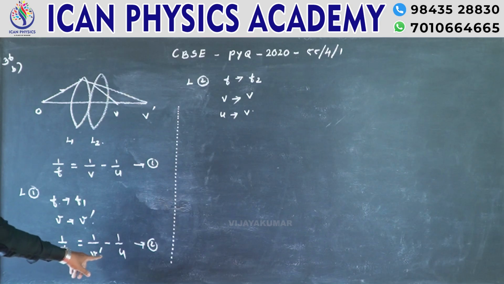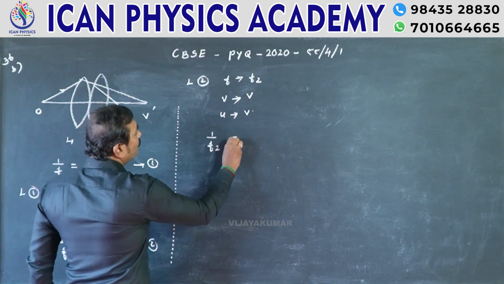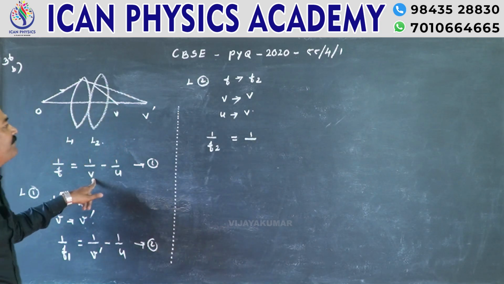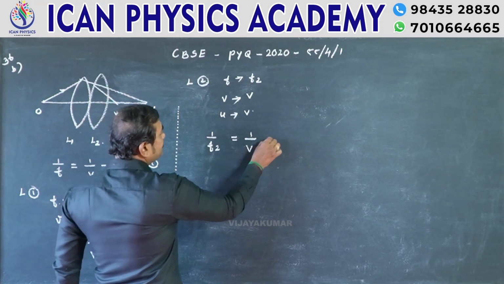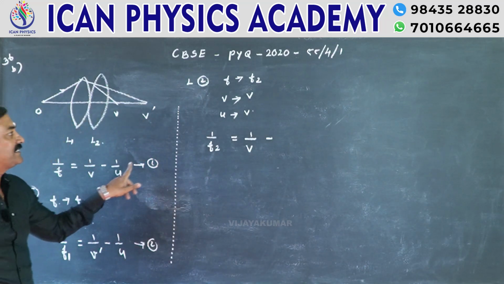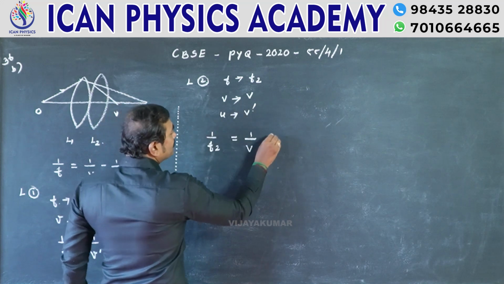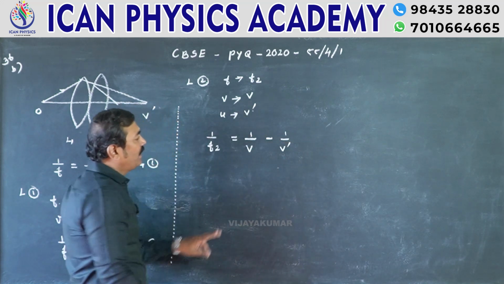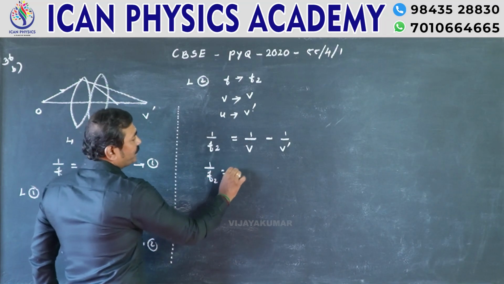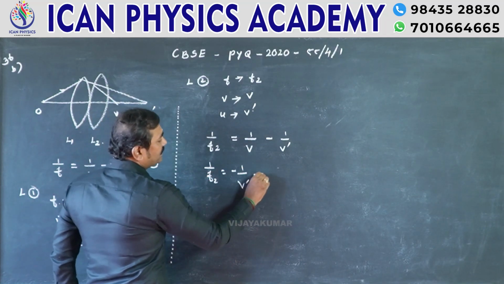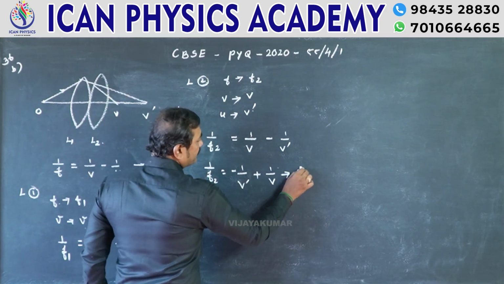So how can we modify this formula? Then 1 by f2 equal to 1 by image distance, so image distance v, minus object distance, which is v dash. So 1 by f2 equal to minus 1 by v dash plus 1 by v. Now it's taken as equation number 3.